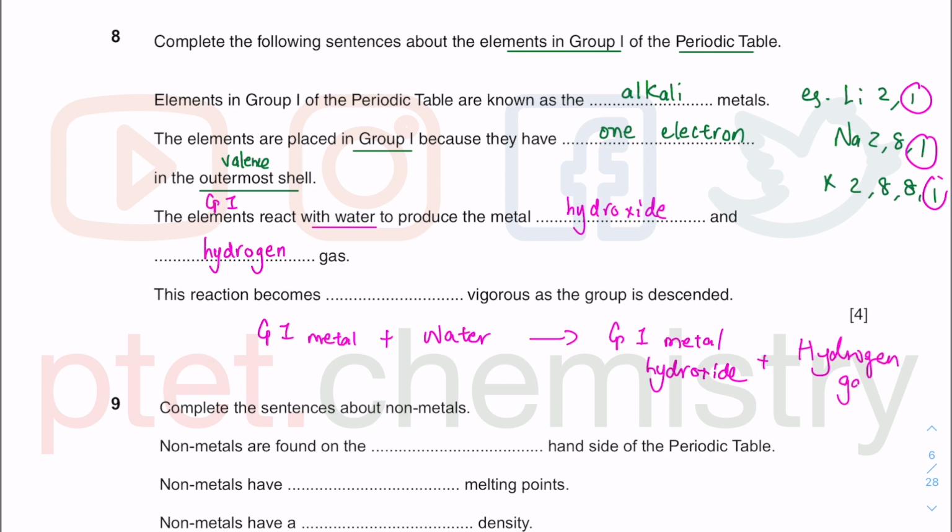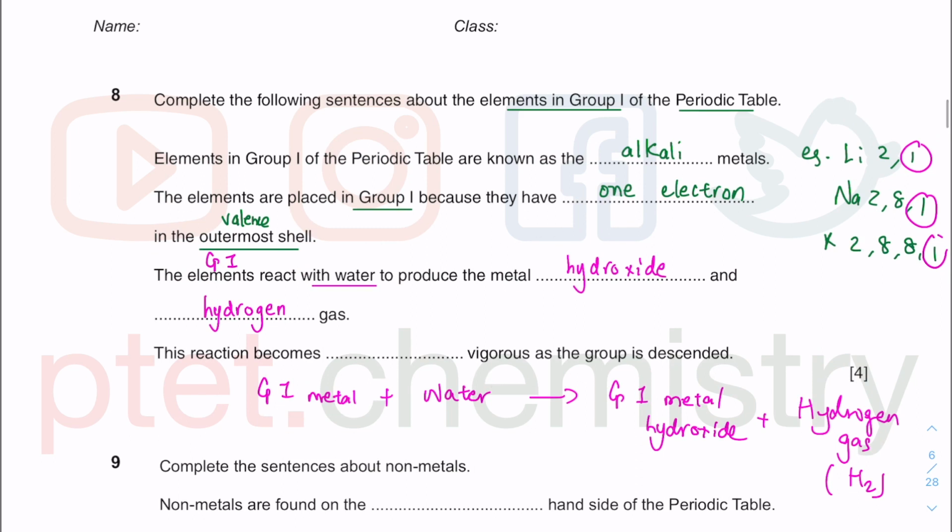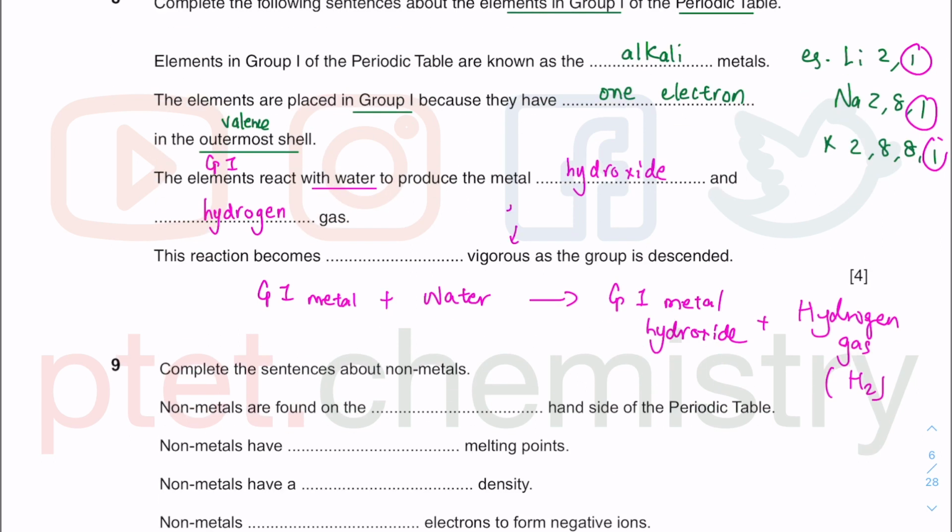Hydrogen gas is H2, and the reaction becomes more vigorous, more extreme, more reactive, as you descend the group, which means going down group 1. As you go down, the electrons are easier to lose because they are further away from the nucleus: 1 shell, 2 shells, 3 shells inside.